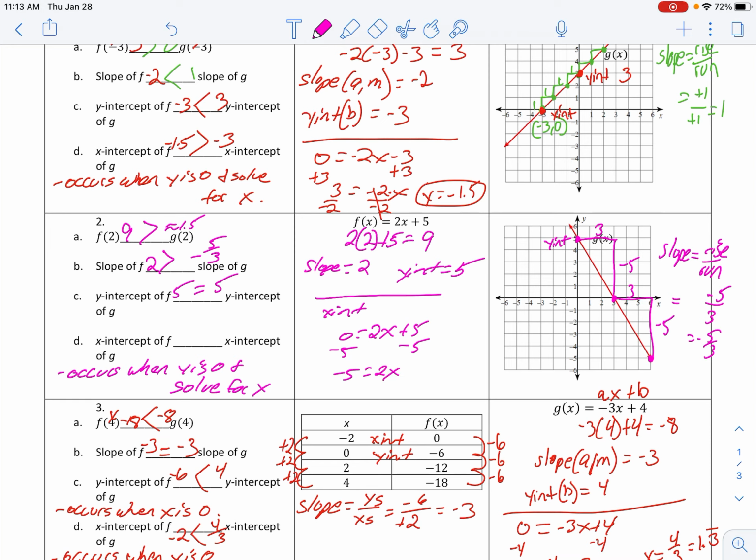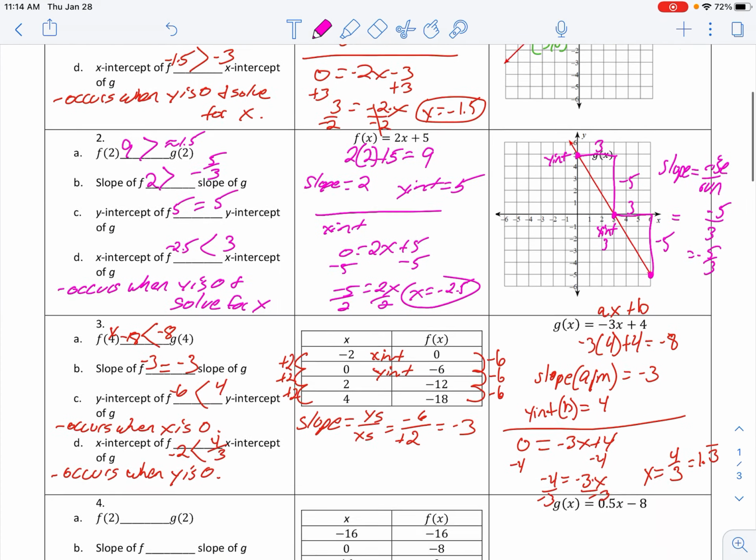We subtract 5, divide by 2. Negative 5 divided by 2 is negative 2.5. I want to compare negative 2.5 to the x-intercept on the graph, which I can just look at the graph and say it is right there at 3. And negative 2.5 is less than 3.